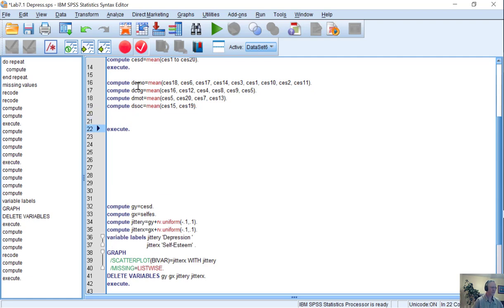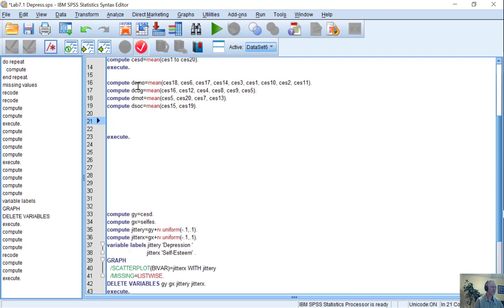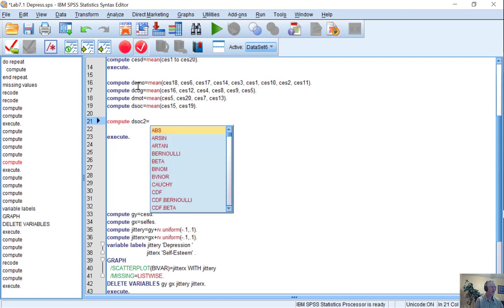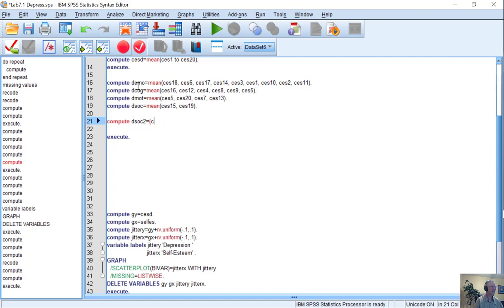I'm going to go ahead and show you, so you know exactly what this means when I'm using this mean command. It's the same as going compute social 2, really social 2 is the same as social 1, and I arbitrarily gave it a different name. And one way you could have done that would have been to say, hey, let's add up CES 15 plus CES 19, and since there are 2 items, divide by 2.